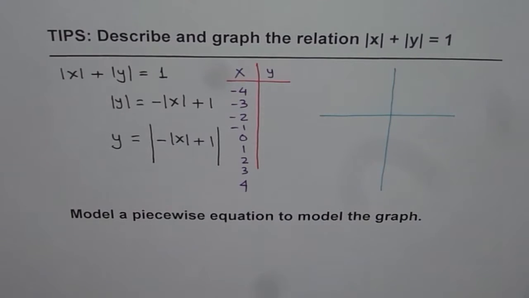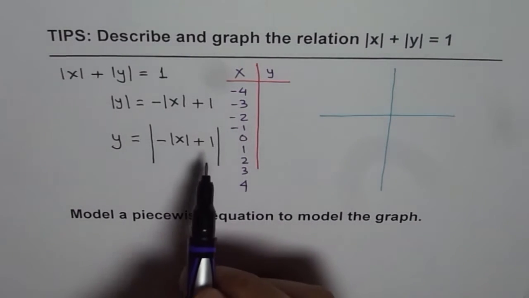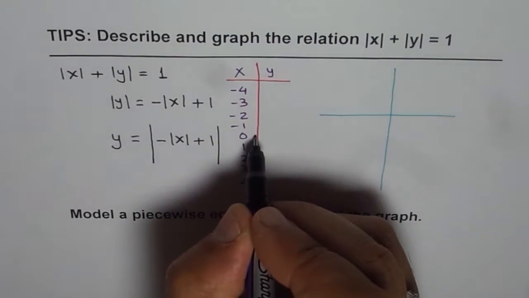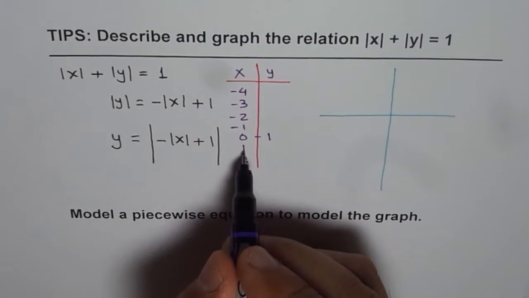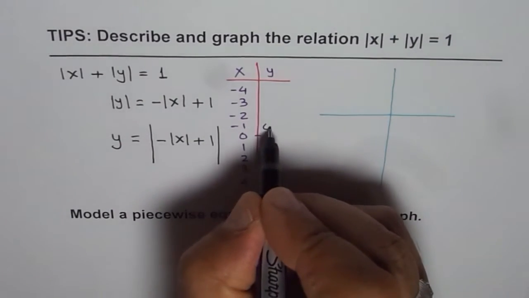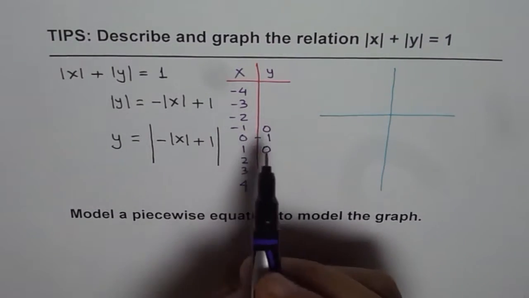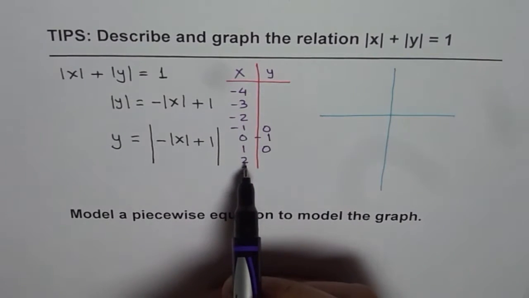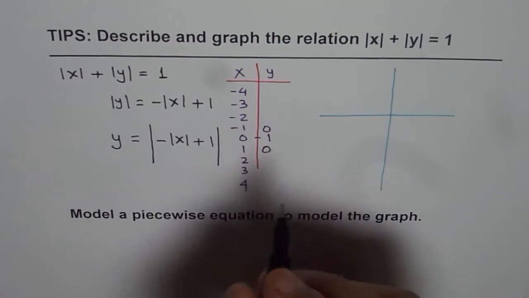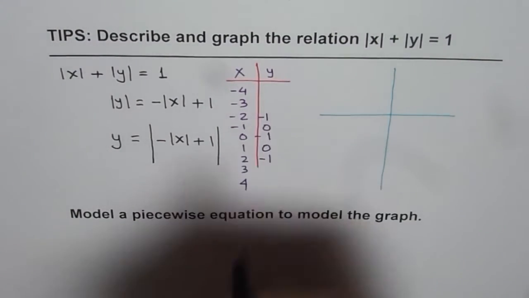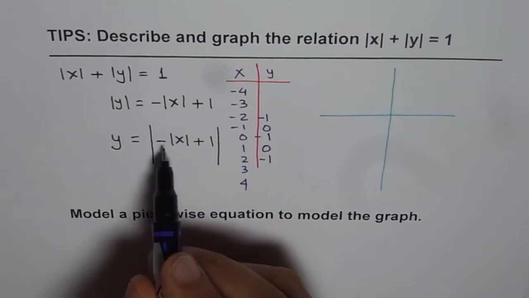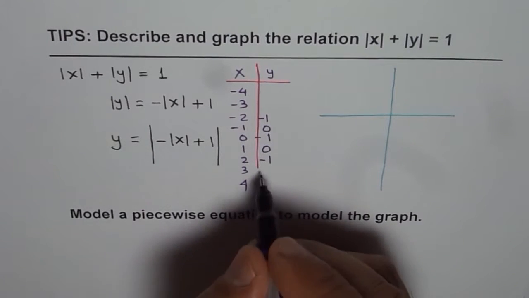There are some critical values which I'll calculate for you. Let's start with 0. If x is 0 we get y as 1. If it is minus 1 or plus 1, absolute value will be plus 1, so minus 1 plus 1 gives me 0. So these are my zeros. For minus 2 or plus 2, absolute value will be plus 2, minus 2 plus 1 gives me minus 1. For plus and minus 3, absolute value is also plus 3, so we get minus 3 plus 1, which is minus 2.